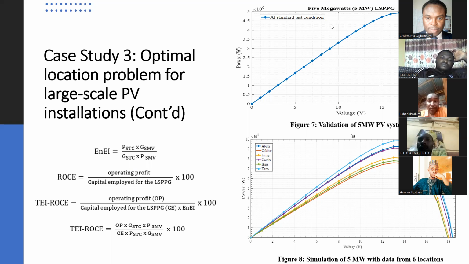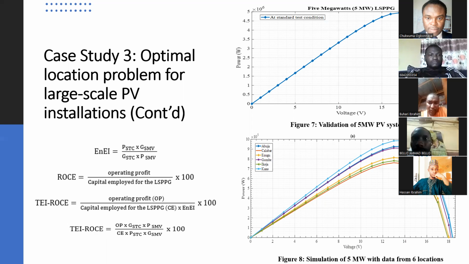As I said before, the first thing was to create the large-scale photovoltaic system. You can see here that this is 5 megawatts. So we first of all created a 5 megawatt system and then deployed virtually these 5 megawatts in these 6 locations, because there must be a basis of comparison.